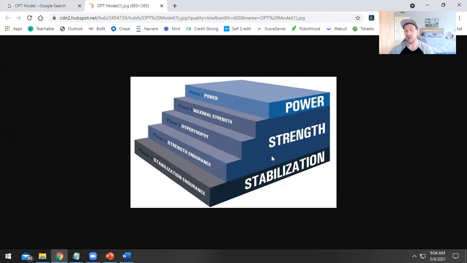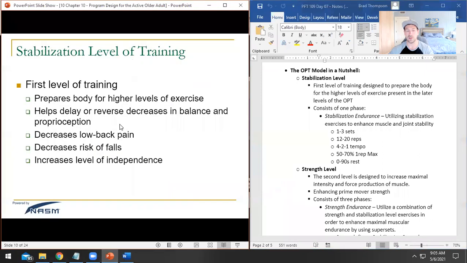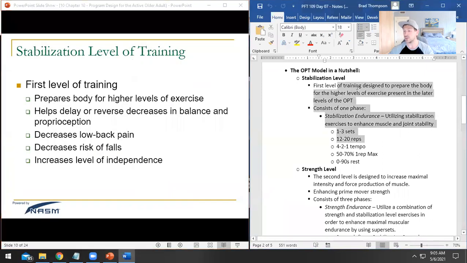So if I did a bench press, I'm choosing that in the strength level. But if I decided to do 16 to 24 reps, or 6 to 12 reps, or 1 to 5 reps, that's determined by my phase, right? So the first one we're going to look at is the stabilization level, which is the first level of training.